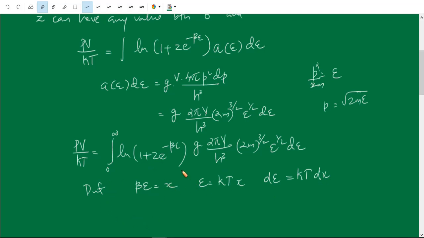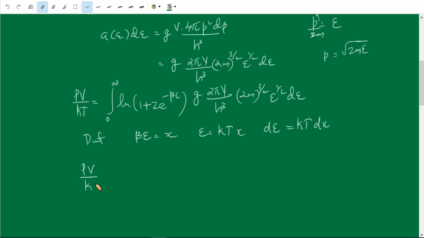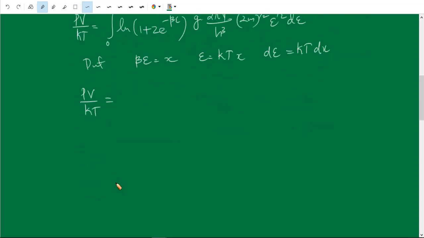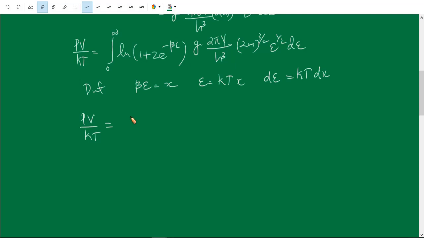So substituting these values in the above expression, we get PV divided by kT is equal to the integral from 0 to infinity of log(1 + z e^(-x)) into g 2πV divided by h³ (2m)^(3/2), here ε^(1/2) dε, so kT x into root of kT x and kT dx.